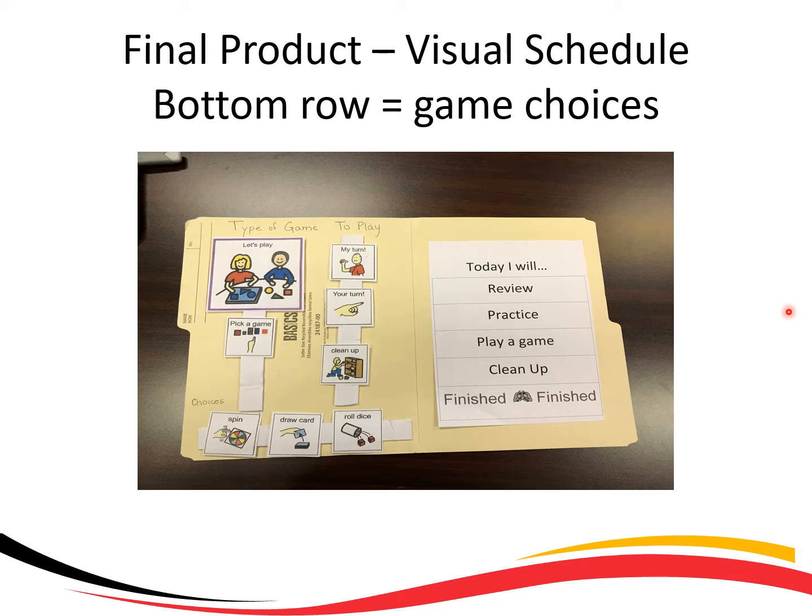A summary of the steps: we opened the folder, we glued in the Today I Will chart, we wrote in the type of game, 2 play titles at the top, and groups at the bottom, close to the bottom of your page.